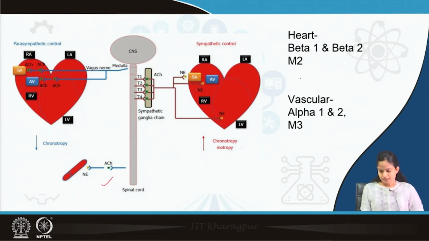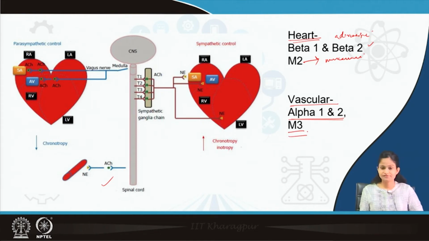In the heart, the adrenergic receptors we get are beta 1 and beta 2. M2 muscarinic receptors are usually present in the heart. The adrenergic receptors we get in the blood vessels are alpha 1 and alpha 2, and M3 receptors usually we get in the blood vessels.